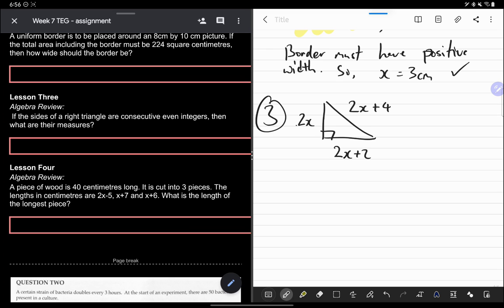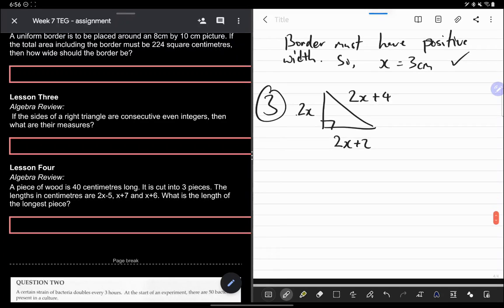Okay, what are their measures? Let's have a look. Any equations we know about right angle triangles? We can do area. We can do Pythagoras. So we get something like this. When they say right angle triangle, you should be thinking Pythagoras or trig.